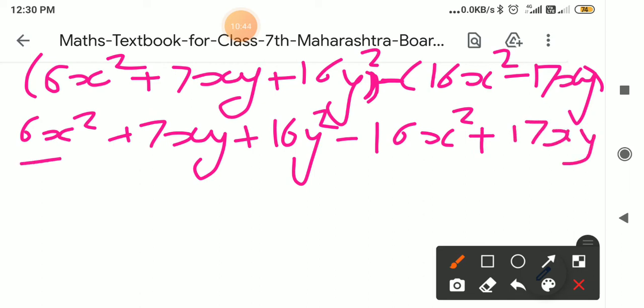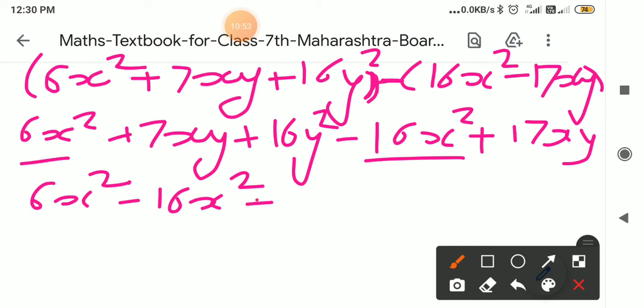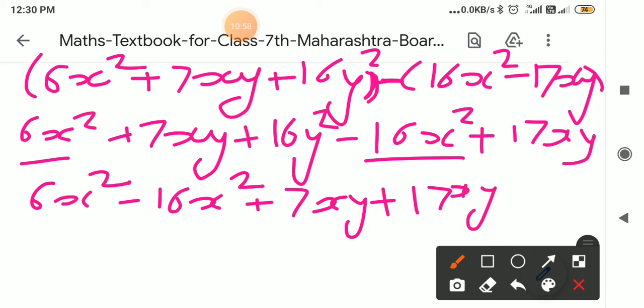Now take like terms together. So here it is 6x square minus 16x square. Then take the xy terms together: 7xy plus 17xy, and plus 16y square.